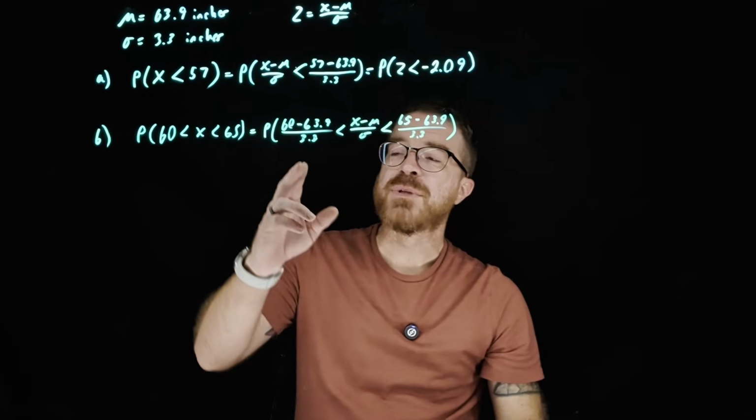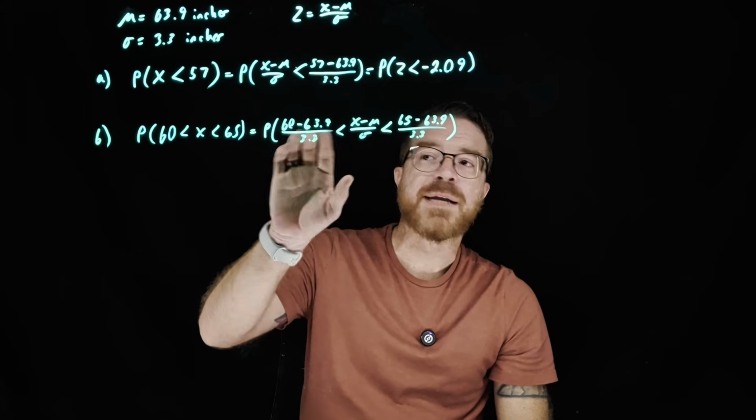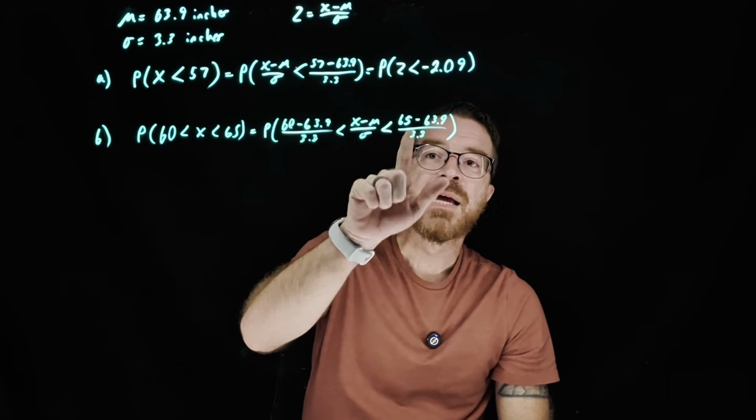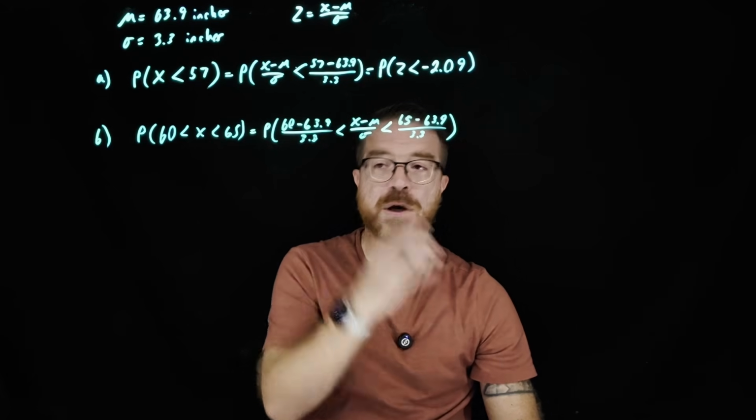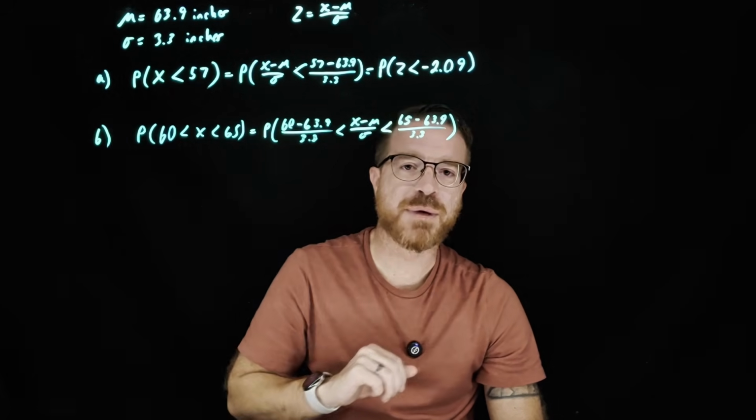Now, looking at these really fast, 60 minus 63.9, we know that this is going to be a negative Z value. 65 minus 63.9 is going to give us a positive Z value. So this one is going to be a negative and this one should be a positive.